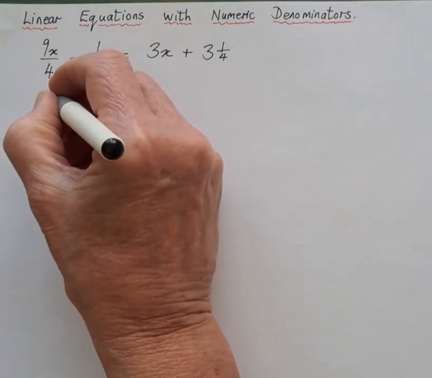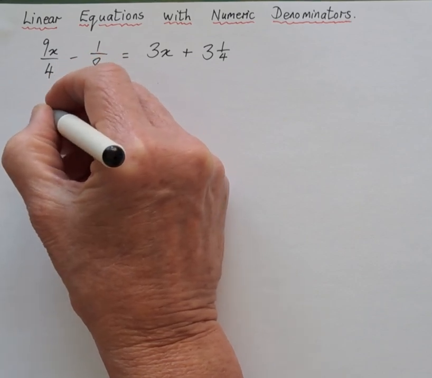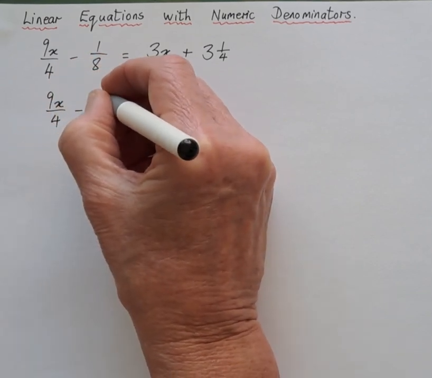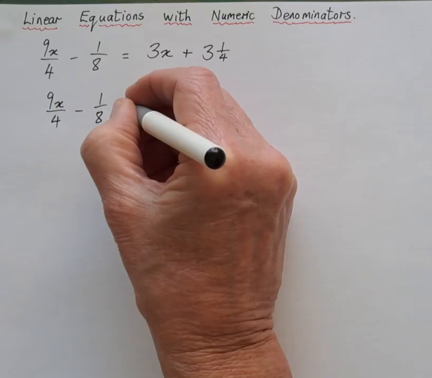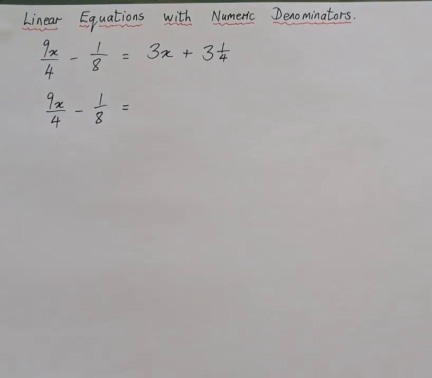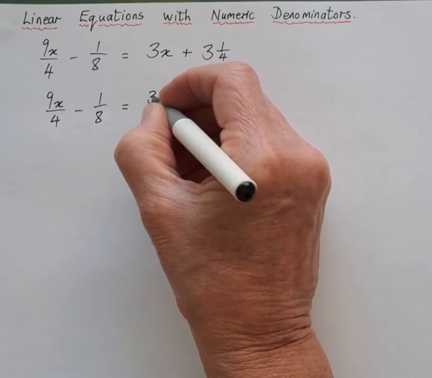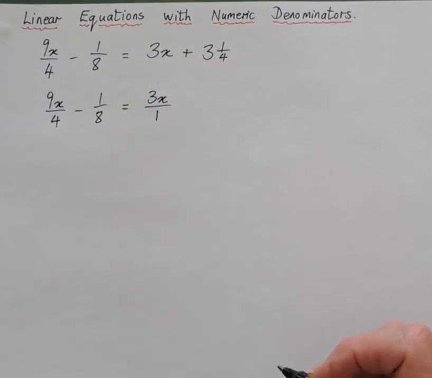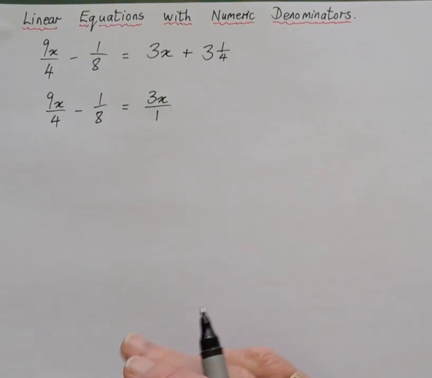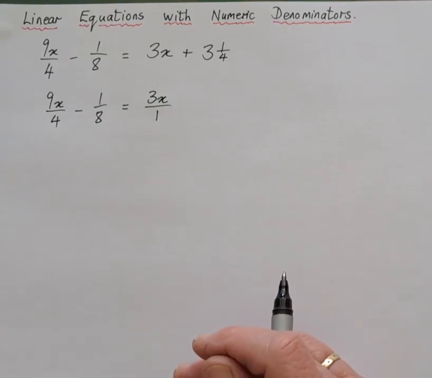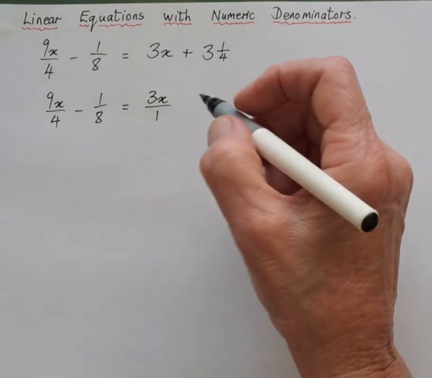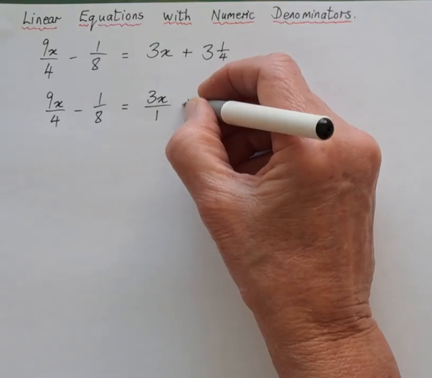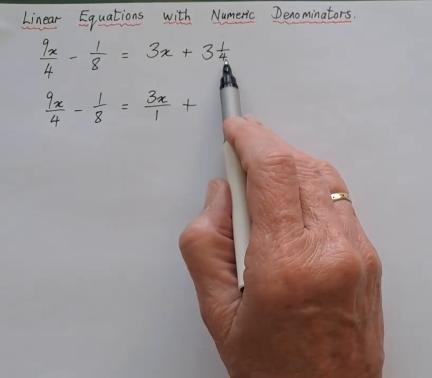So 9x over 4 stays exactly as it is. The same with 1/8. And now if we think about 3x, 3x actually means 3x over 1. Remember, anything that doesn't have a denominator, you can write it with a denominator by making that denominator 1. And then our mixed number is made up of a whole number and a fraction.